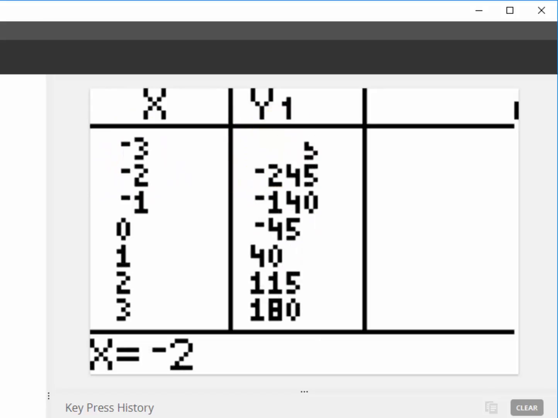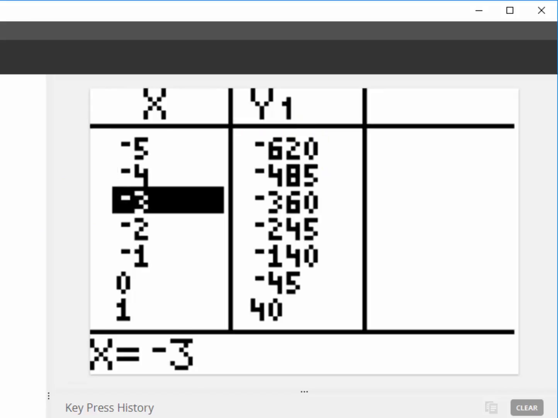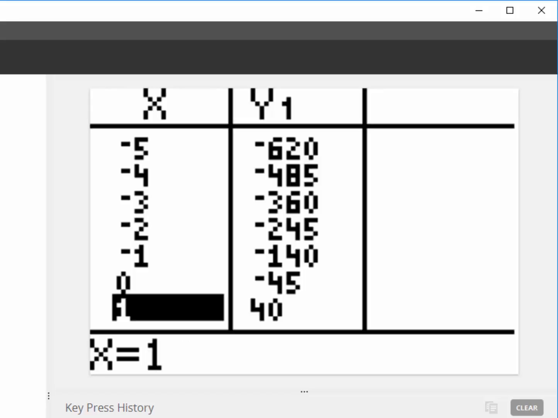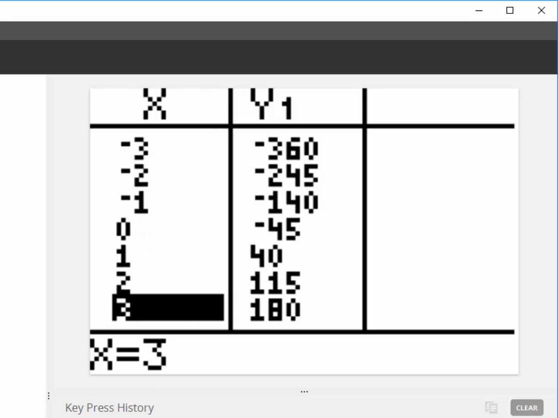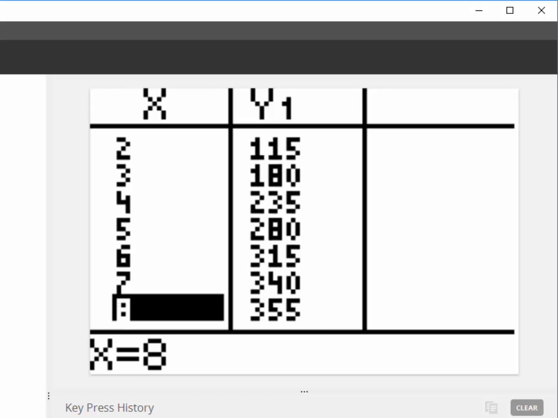Now, if I go to the left, we see these numbers are getting more negative. As we go to the right, the numbers are increasing, getting larger.